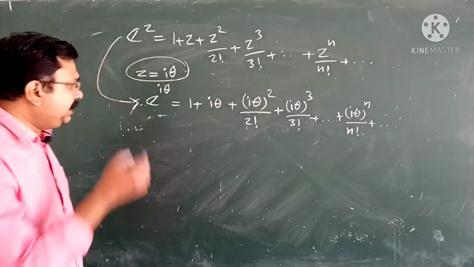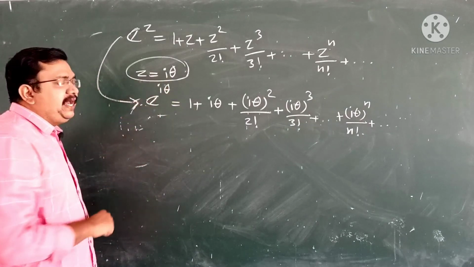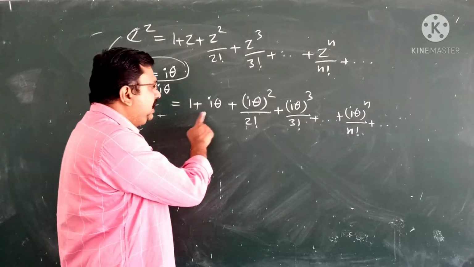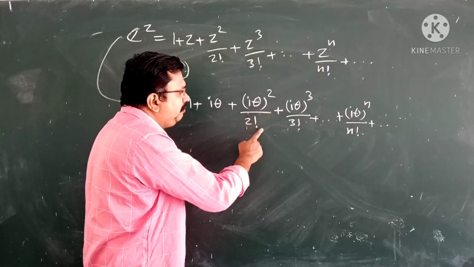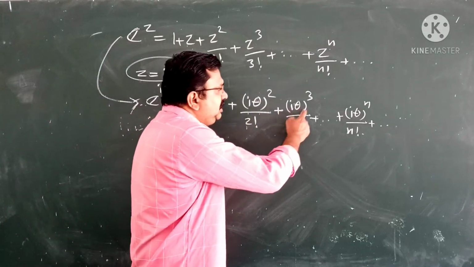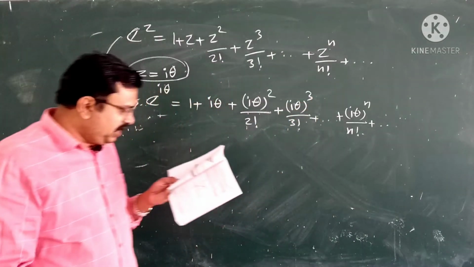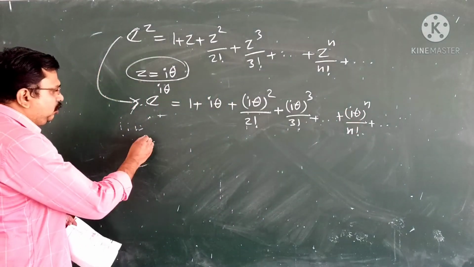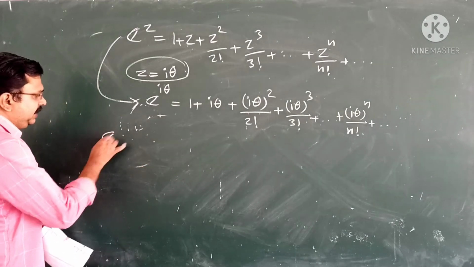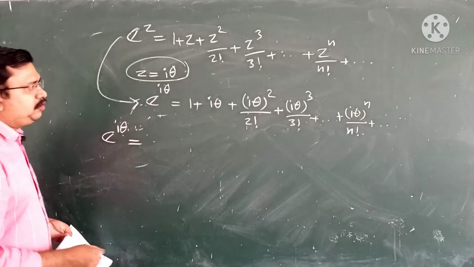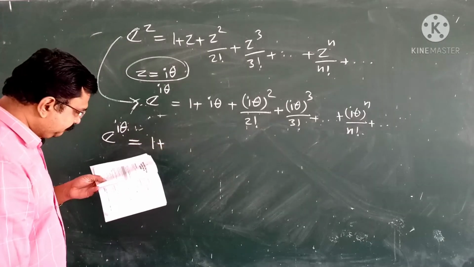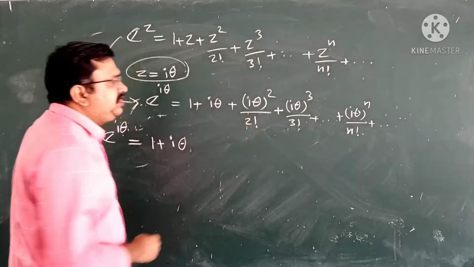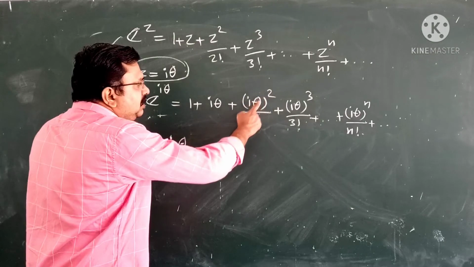Remember that when z is replaced by i theta, we obtain e raised to i theta equal to 1 plus i theta, next i square theta square.